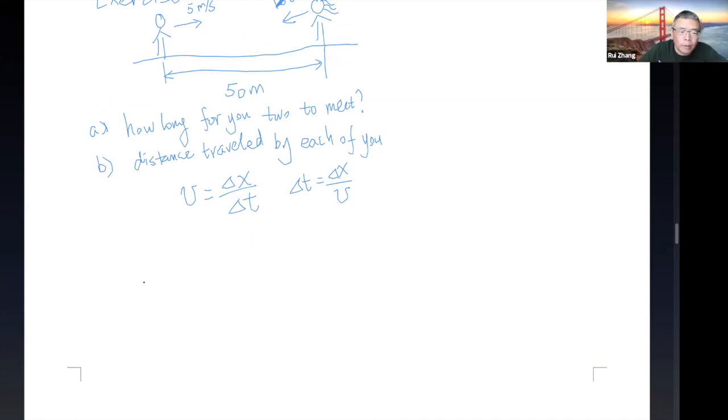Again, you start by drawing a picture. I already did, but let me draw another one. The total distance that needs to be traveled is 50 meters. In this case, the two people are going in opposite directions.